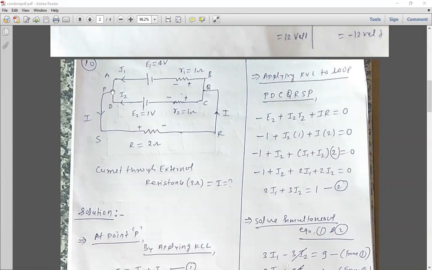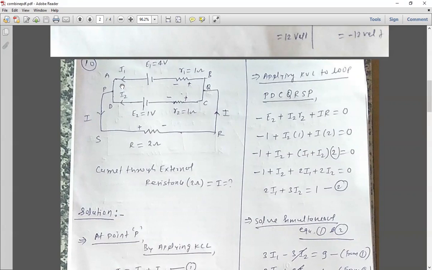Another loop starts from point P: P S R Q C D P. You can go clockwise or anti-clockwise. What I have said: P S R Q, then Q to C, C to D, then D to again P. This is the second loop name.